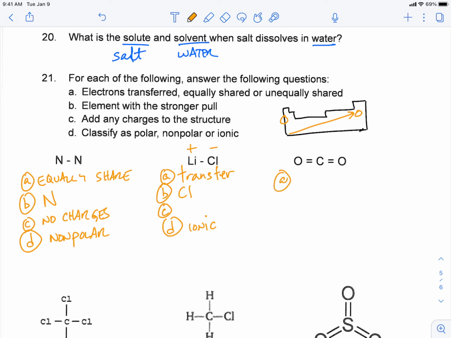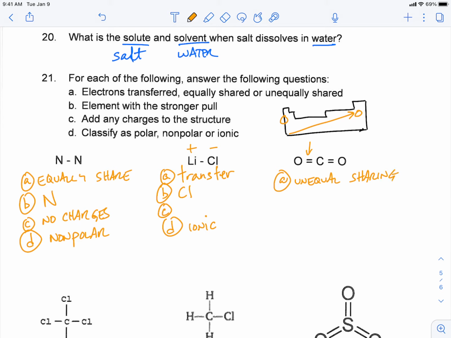For our next one, this is CO2, carbon dioxide. We have this bond here and this bond here, and they're both the same bond. We're going to be looking at those, between the carbon and oxygen. These are two different elements, but we're not dealing with a metal and a non-metal. So what we have is an unequal sharing of electrons.